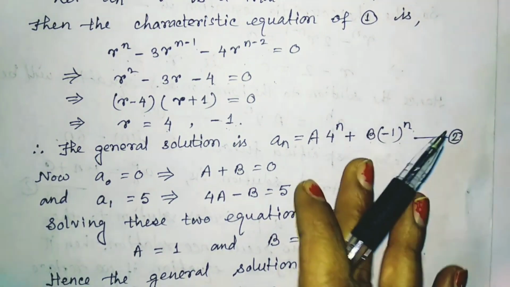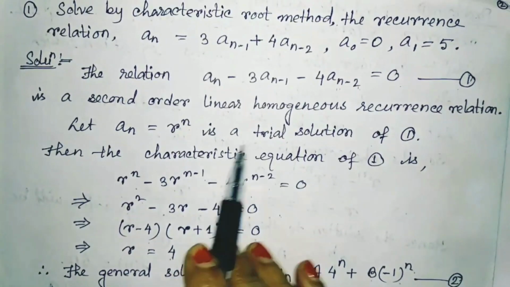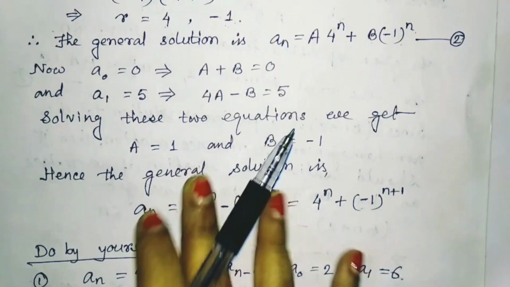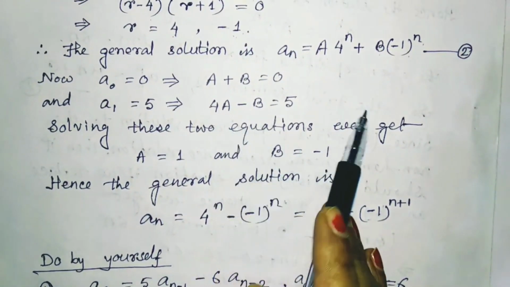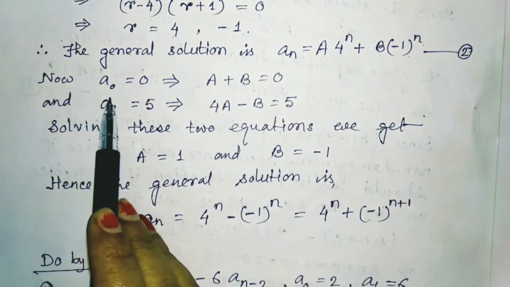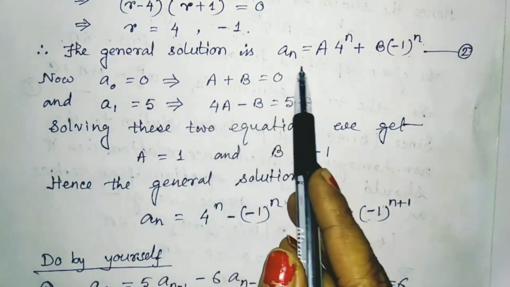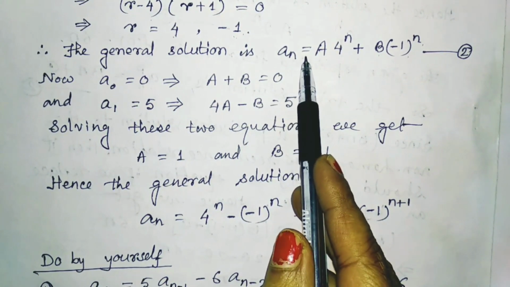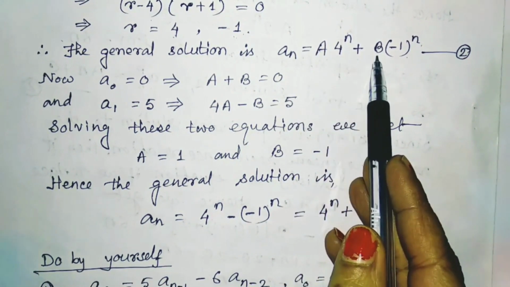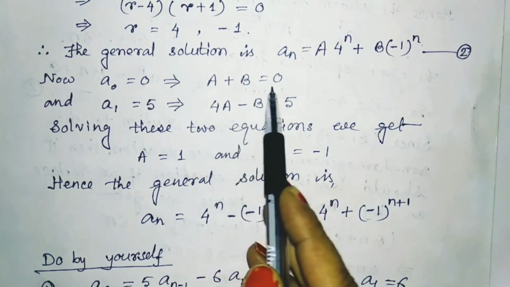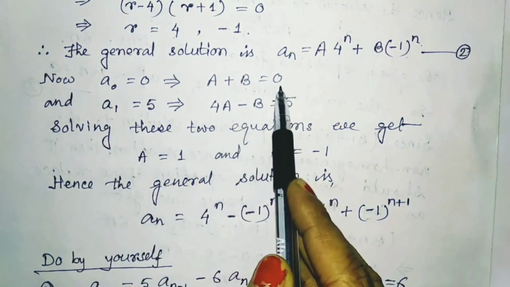Now we have the initial conditions a0 is equal to 0 and a1 is equal to 5. We use these initial conditions to find the two constants a and b. When a0 is equal to 0, that means when n is equal to 0, we get a plus b, because this term is 1 and this term is also 1. So a plus b is equal to 0 as a0 is 0.